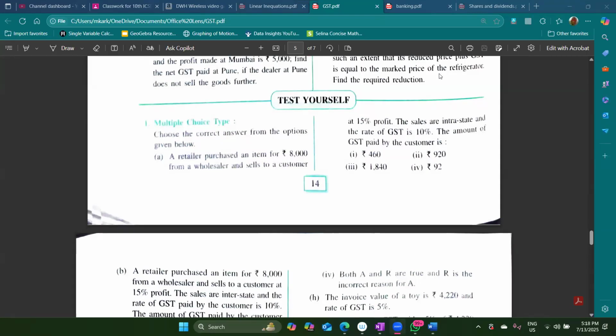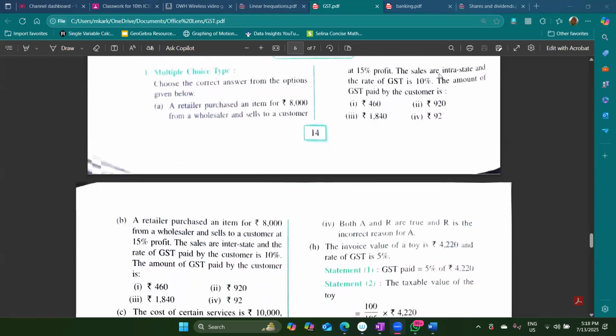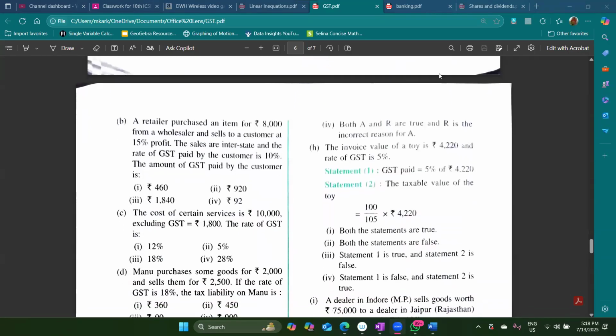So again, just in this case, 15% of 8,000 is going to be 1,200. Add that, so 9,200. 10% on 9,200 is 920. Okay, B. Interstate is not there, right?